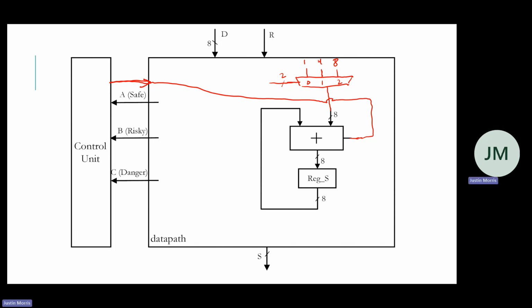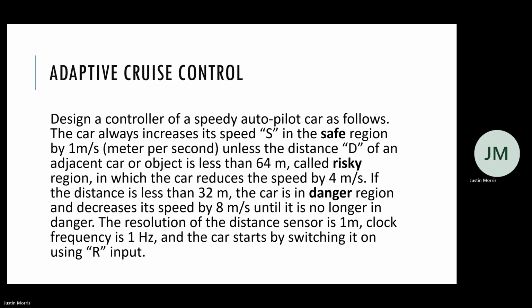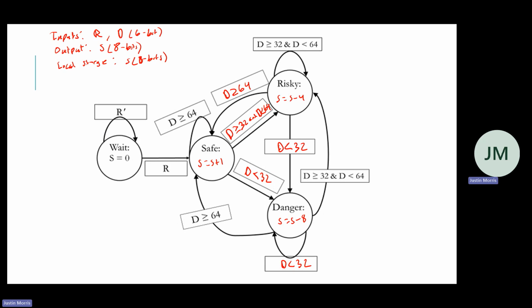Who tells this mux what to output? What process is that? You're so close. It's based off the distance, but the distance decides what?